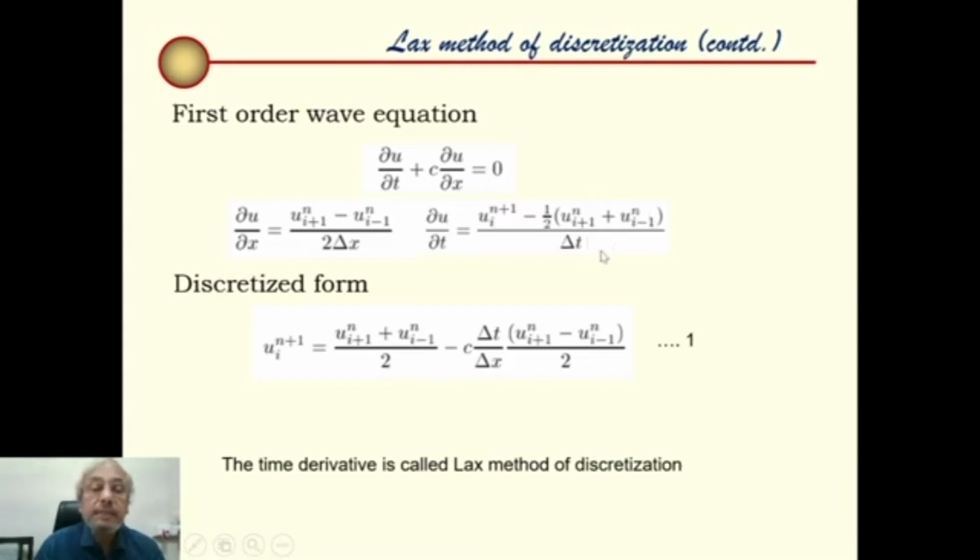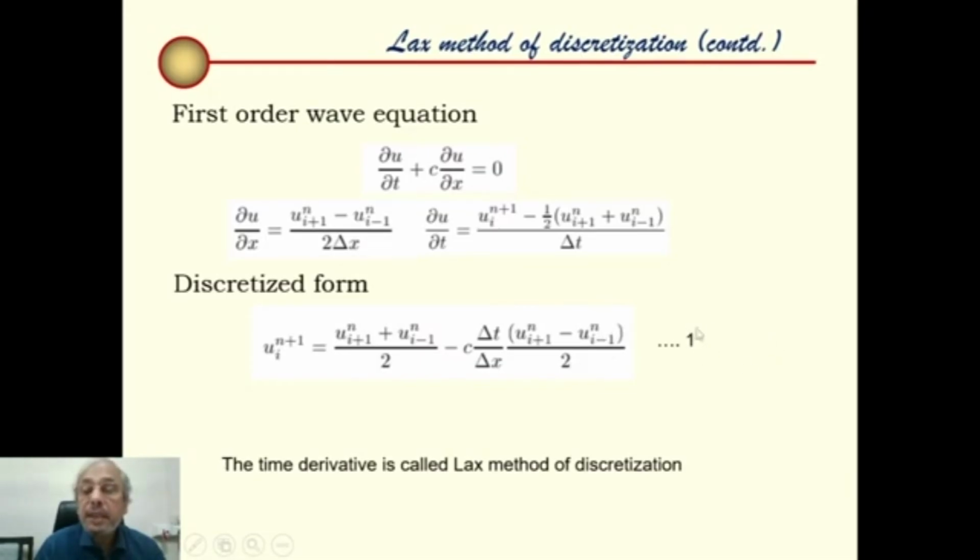If we feed in ∂u/∂t and ∂u/∂x, we get an expression for u_i^{n+1}: (u_{i+1}^n + u_{i−1}^n)/2 − (cΔt/Δx)(u_{i+1}^n − u_{i−1}^n)/2.